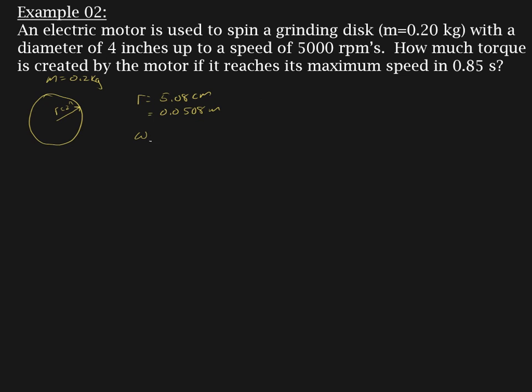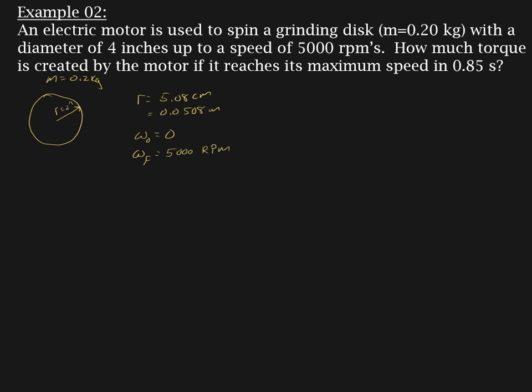So omega initial, just writing out our information, omega initial is equal to 0 because it starts from rest. Omega final is equal to 5,000 revolutions per minute. And so now we're going to have to convert revolutions per minute into radians per second.